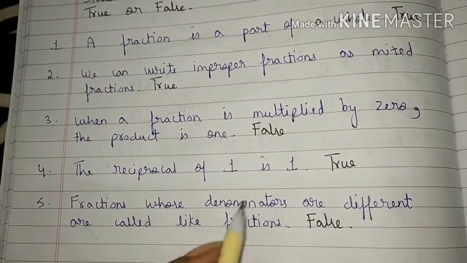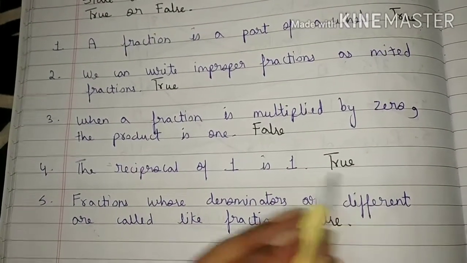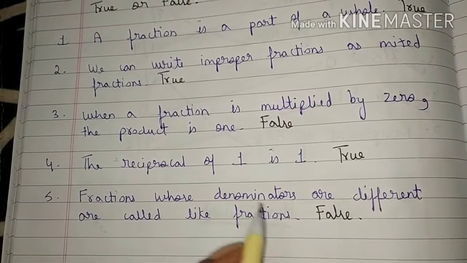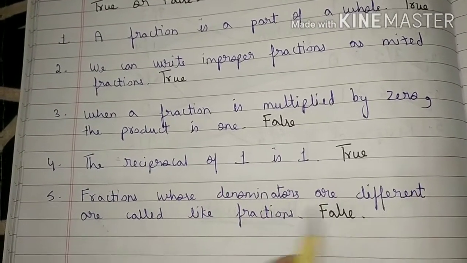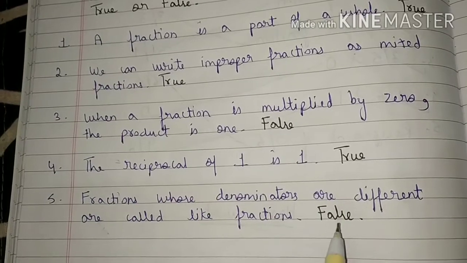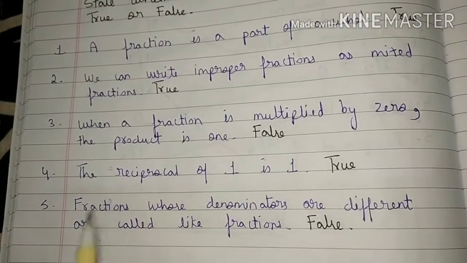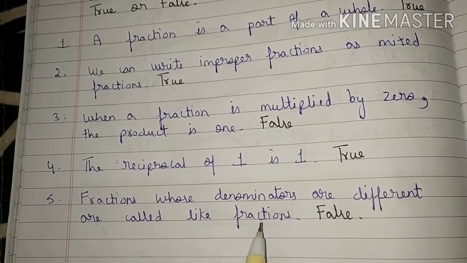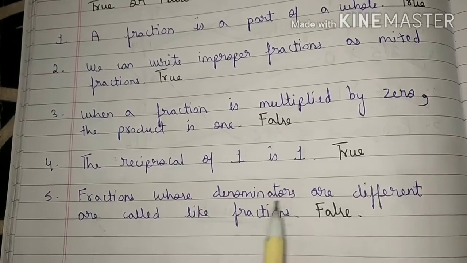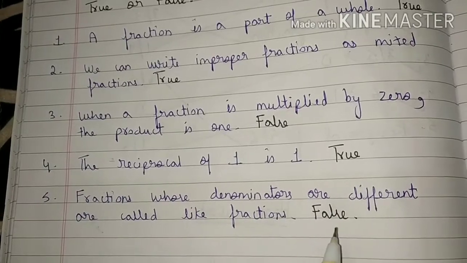Fractions whose denominators are different are called like fraction. Students, this statement is false, because fraction whose denominators are different, they are called unlike fraction. So students, this statement is false.